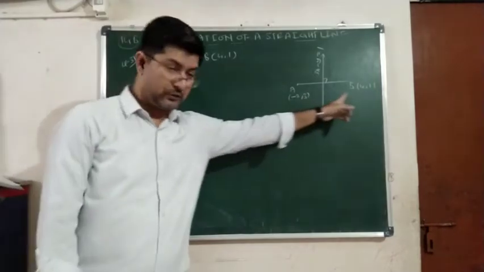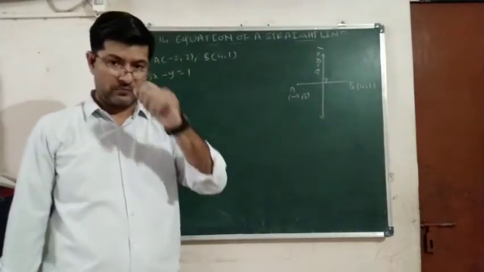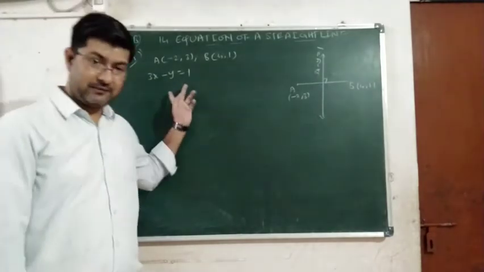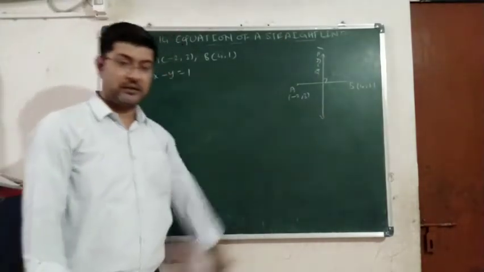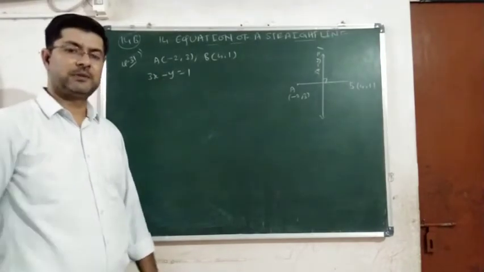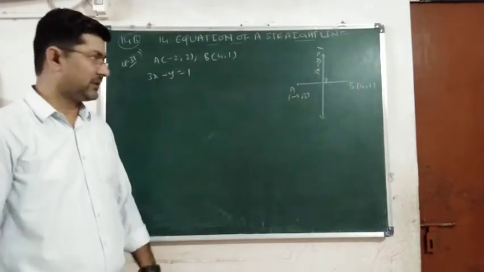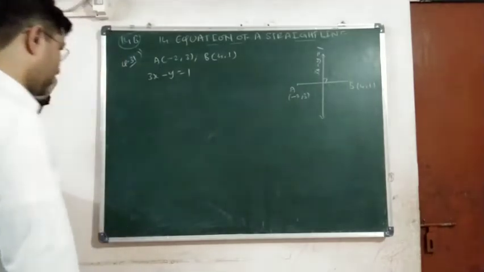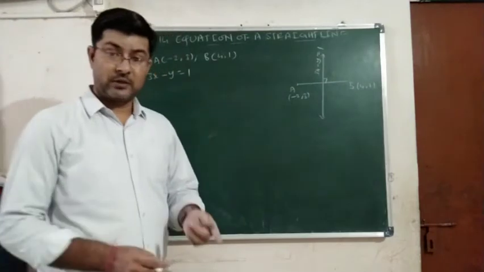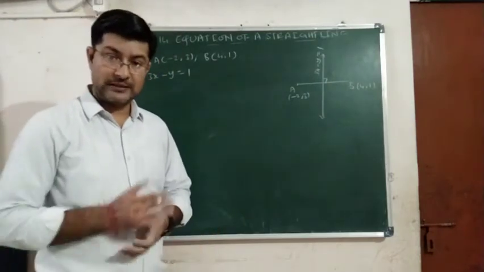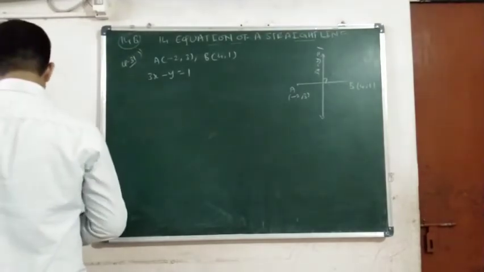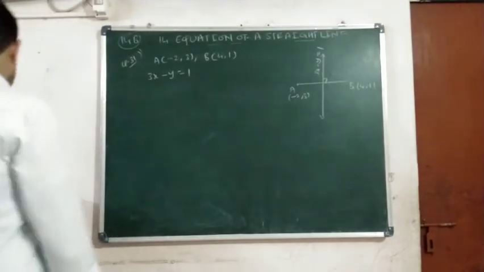For AB we can calculate the slope using the formula y2 minus y1 upon x2 minus x1, and the equation of the other line is already given, so we can convert it into the form y is equal to mx plus c and find the value of m, that is the slope. Then we will check their product. If the product is -1, it means both lines are perpendicular. Okay, so let us check.